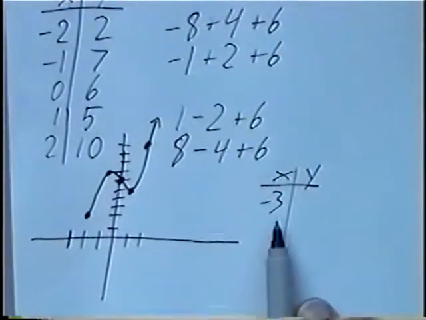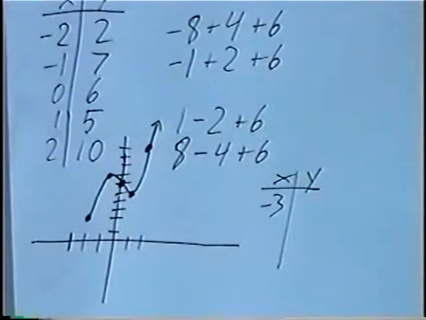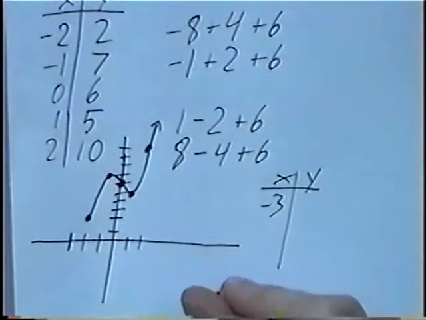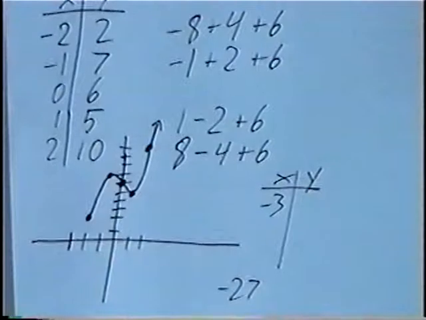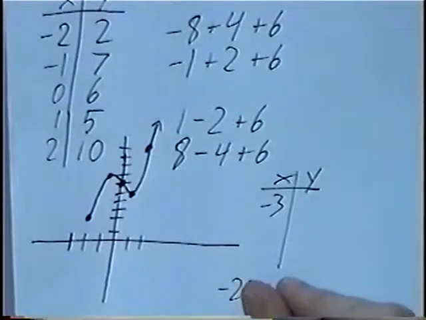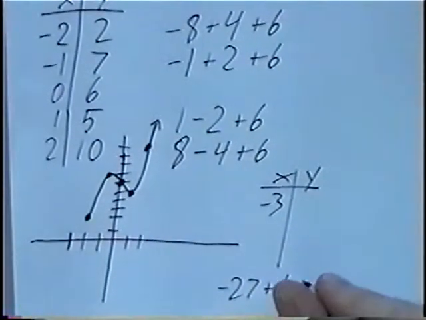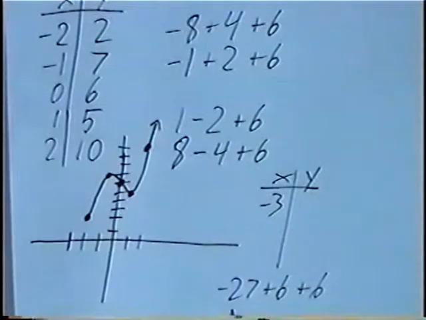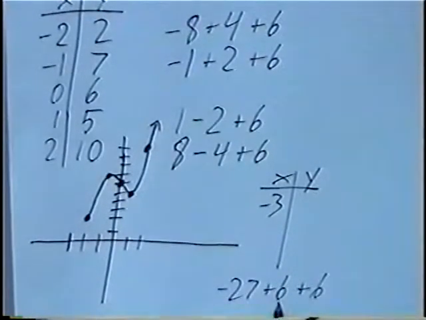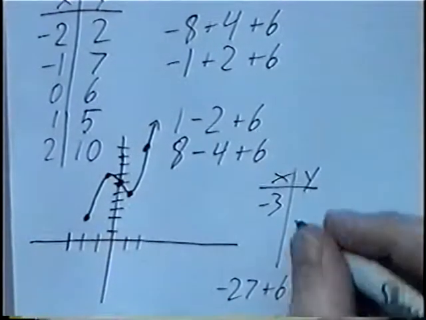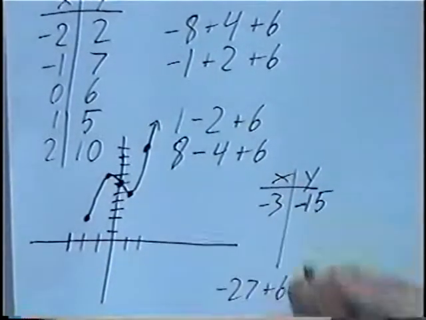If you plug a -3 into the original equation, -3 cubed would be -27. -2 times -3 would be +6 and +6. -27 plus 6 would be -21, and -21 plus 6 would be -15.